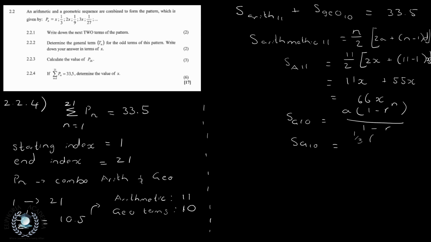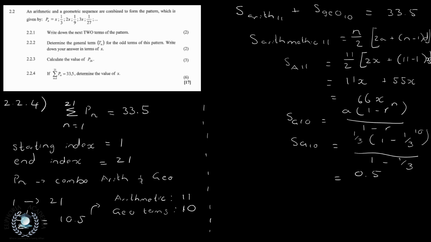That is 1 over 3 multiplied by 1 minus our r, which is 1 over 3 to the power of 10, and that will be divided by 1 minus 1 over 3, and when you put that into our calculator, we're going to find that we have the sum equaling 0.5.